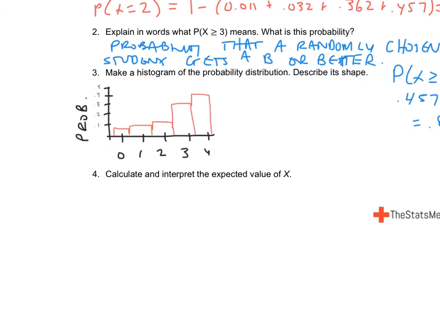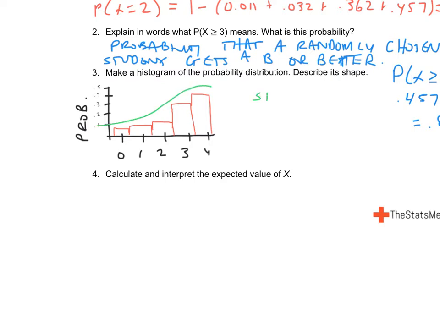So calculate and interpret the expected value of x. Now this is what's probably new here, because we just had this histogram, and we're supposed to describe it. So let's describe it here. Well, what do you see? You see kind of this.